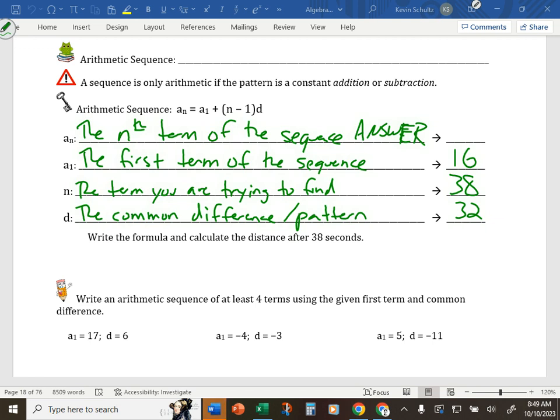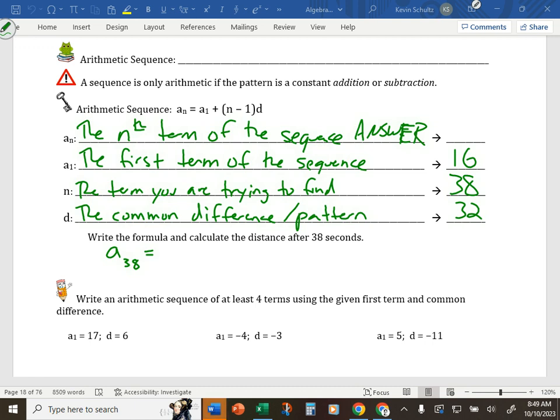So, using the formula, this arithmetic sequence to calculate the distance after 38 seconds is going to look like this. Our answer, which is the 38th term, and I should actually write this A38 because we're plugging in 38 for n, right? Remember that lowered number means an order.